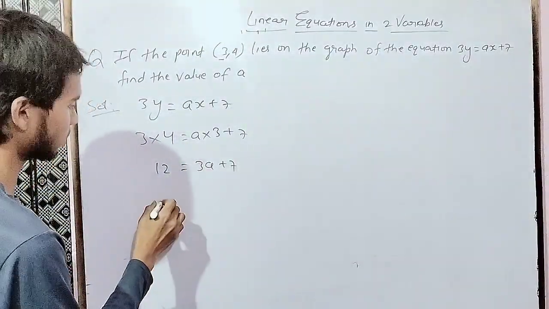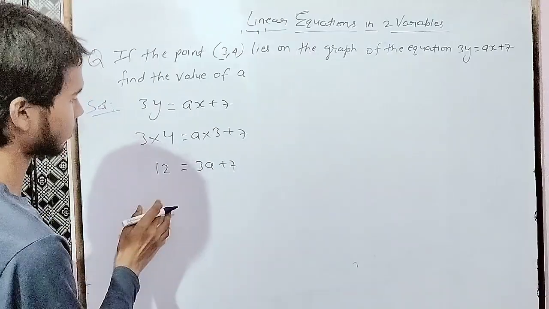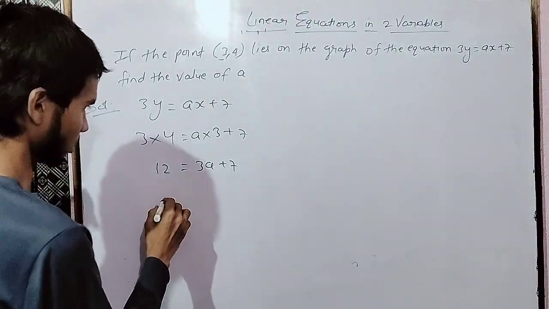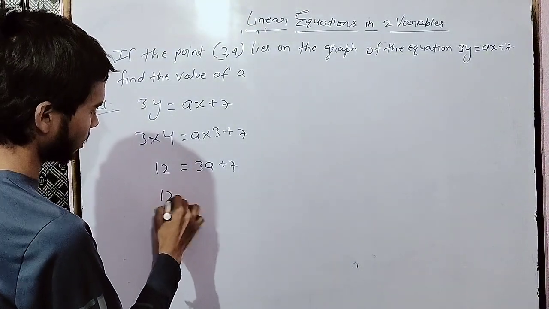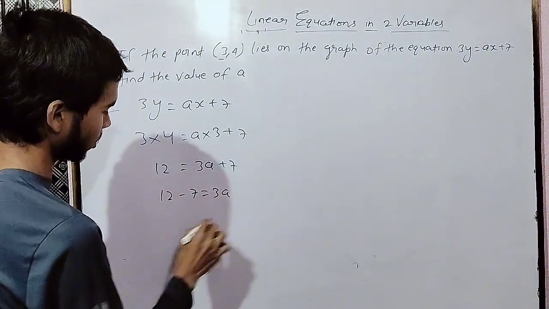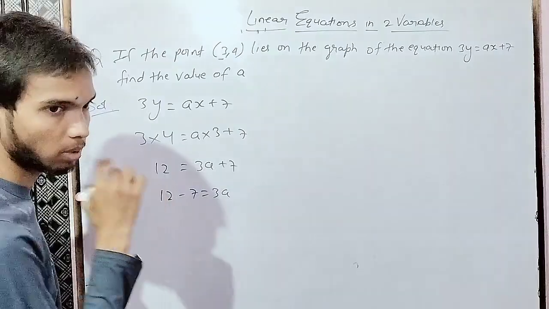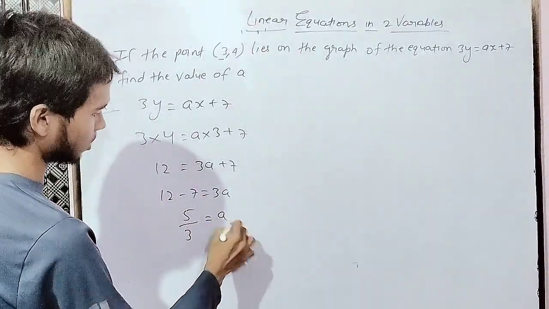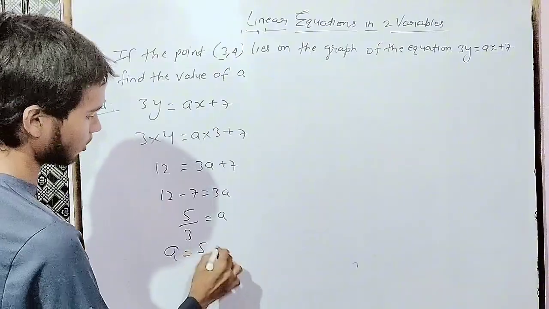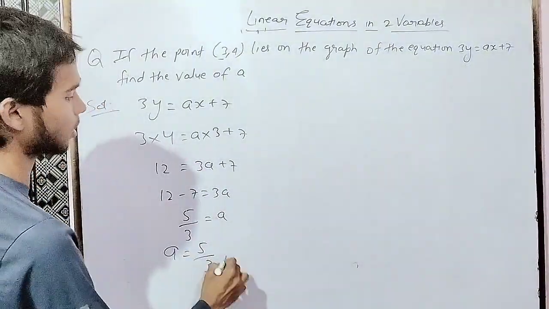We have a linear equation in one variable. 12 minus 7 equals 3a. This will be 5 upon 3. So a is 5 upon 3. Finally, this is the answer.